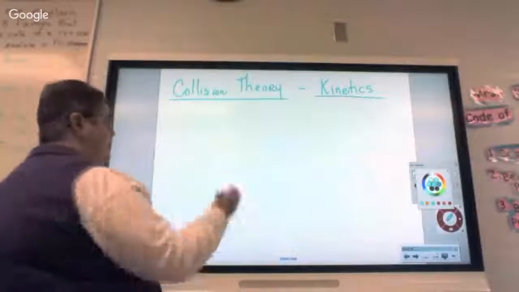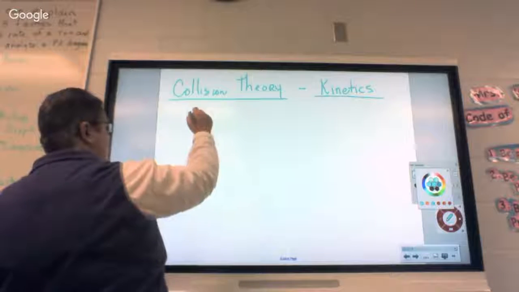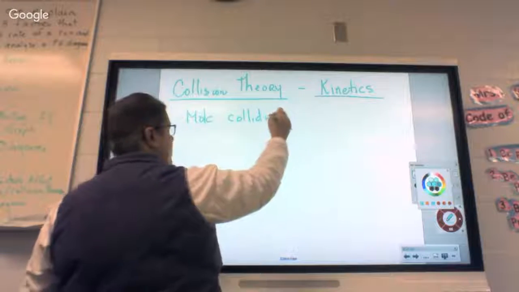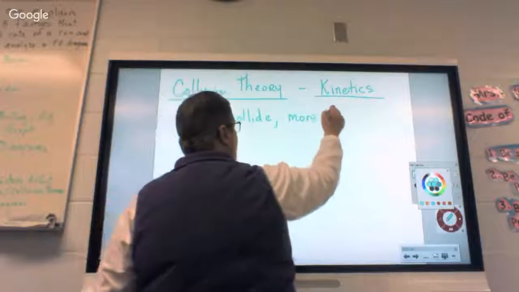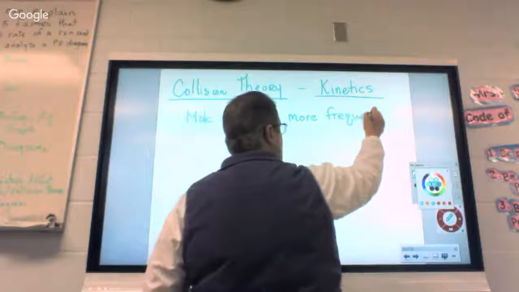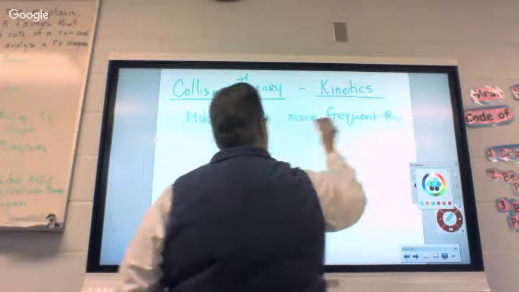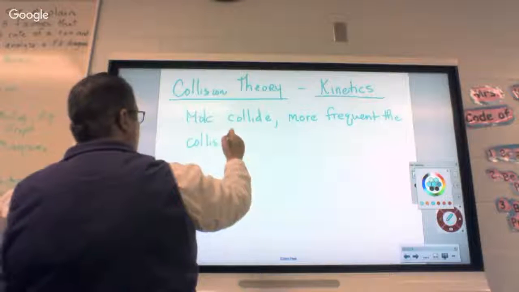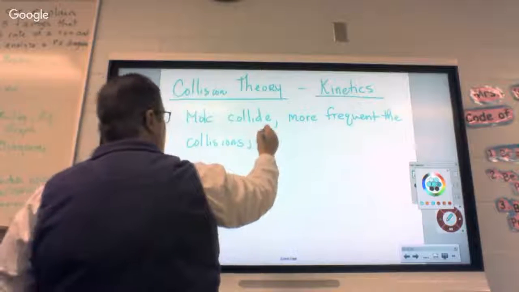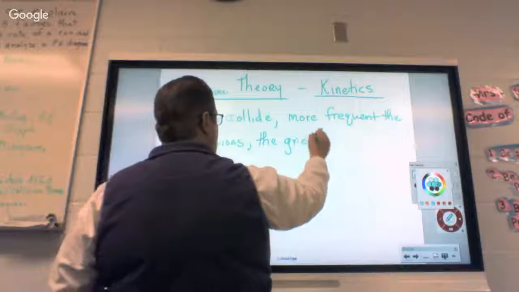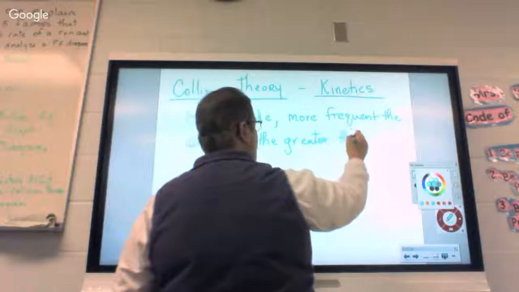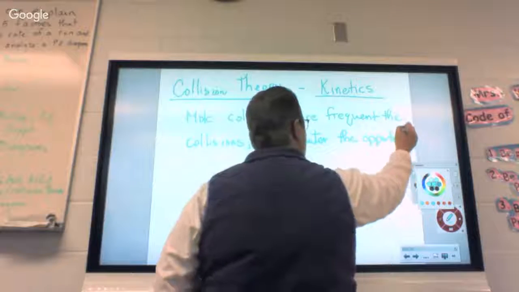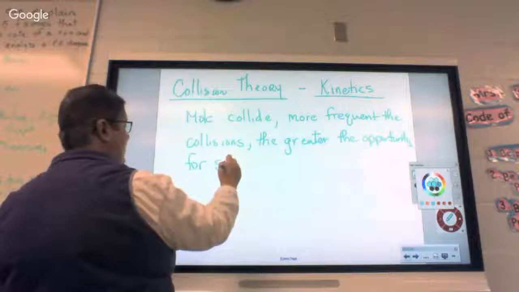This is the premise: molecules collide, and the more frequent the collision, the greater the opportunity for success.